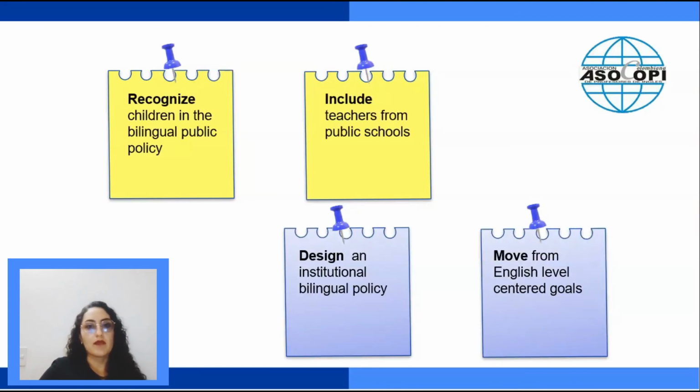So not only in the paper, not only in the guidelines, not only in the macro level, but also in our classes, we have to always keep in mind that we are not operators of a curriculum, and we have to humanize our practices, our teaching practices, by recognizing our students and all the pluridiversity that we also have in our classrooms.